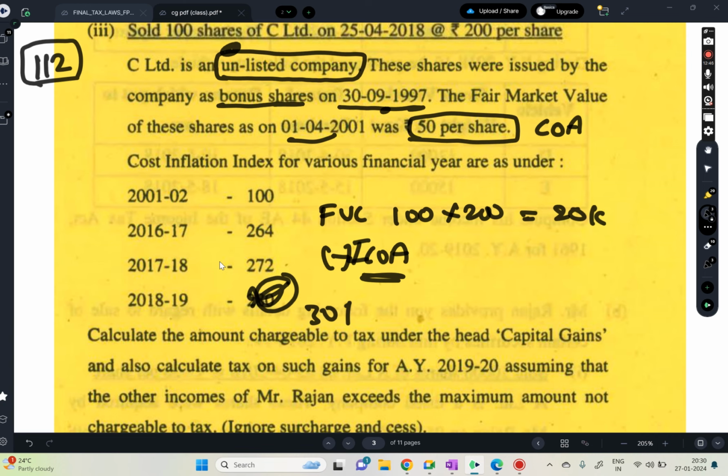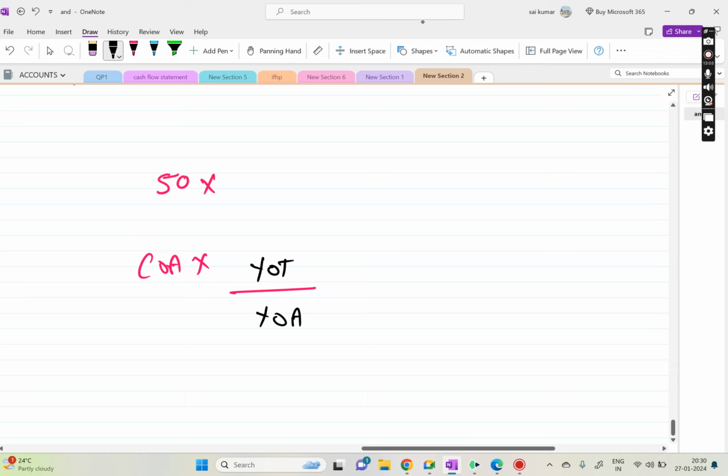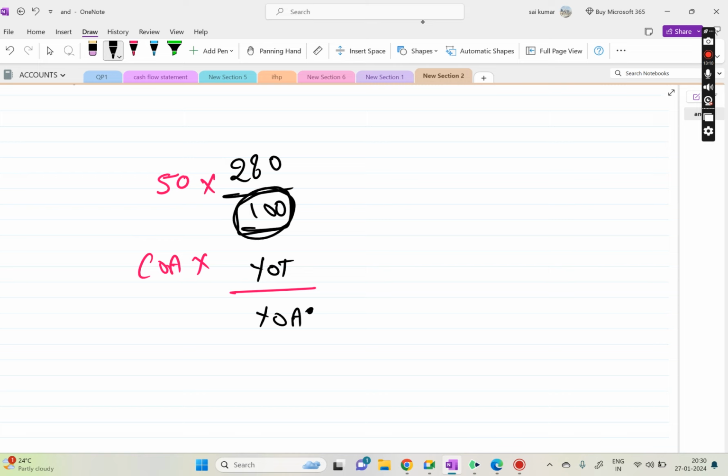You take this as 301 because we have transferred at 18 and 19. 18 and 19 is 301, or even if you take the same numbers also, it is not fine. The concept is important. You can take 280 for year of transfer, and year of acquisition you cannot take 1997, you can take only 2001, which is 100. So if you do 50 into 280 divided by 100, you get 140.